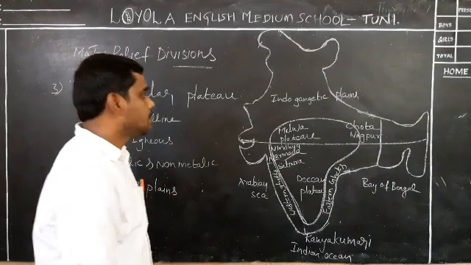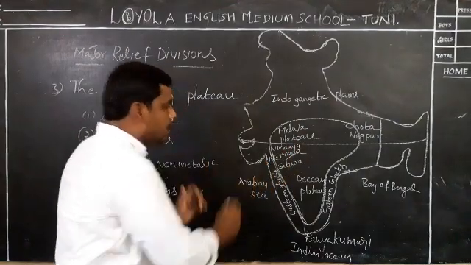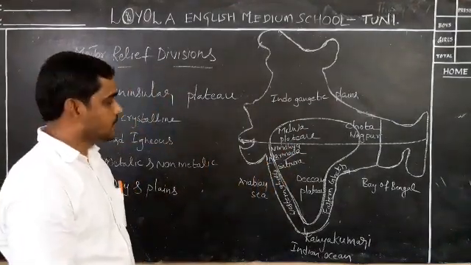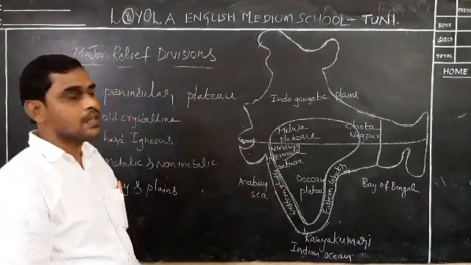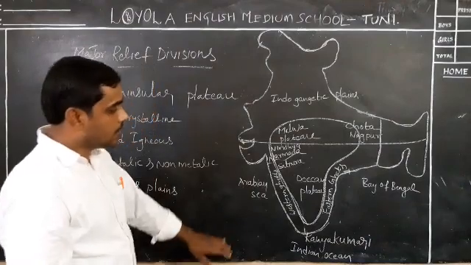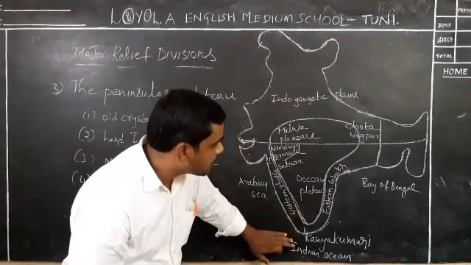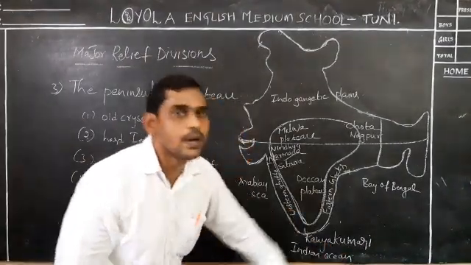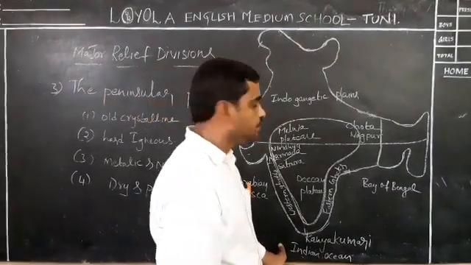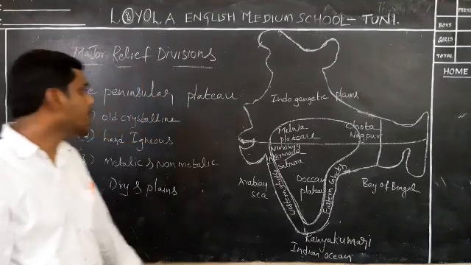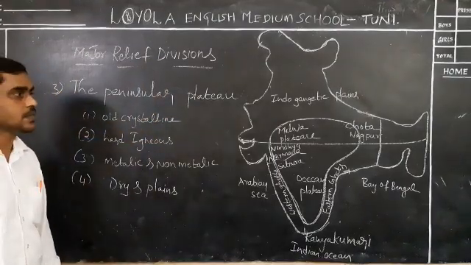At the same time, it is also tilted towards the west, and there are located the Western Ghats. Do you understand this? And south of this plateau, there is Kanyakumari. Okay. Next, types of the plateau.